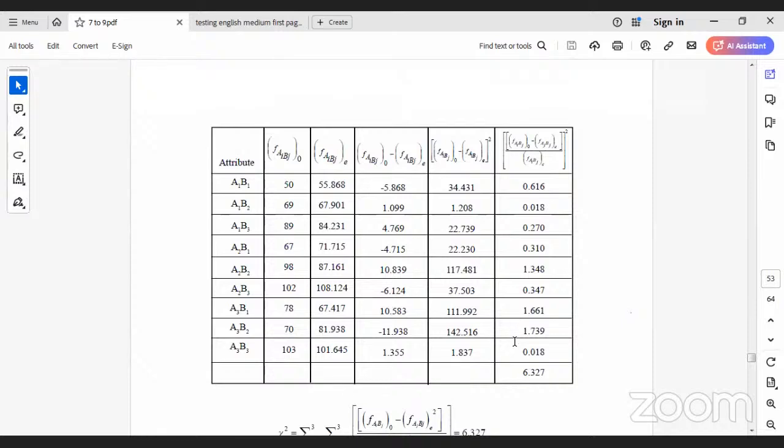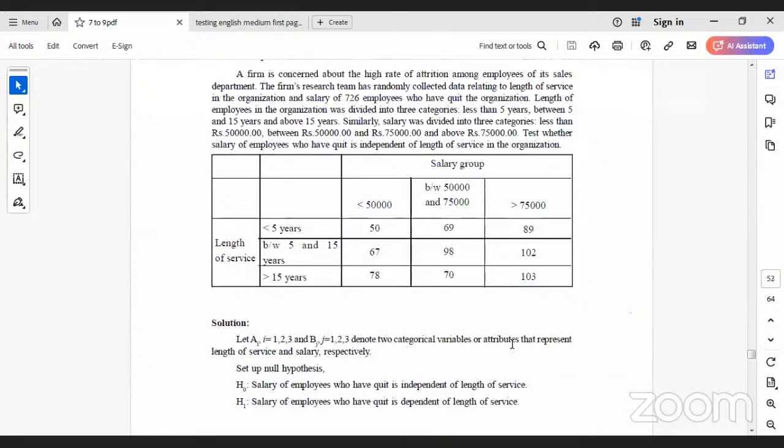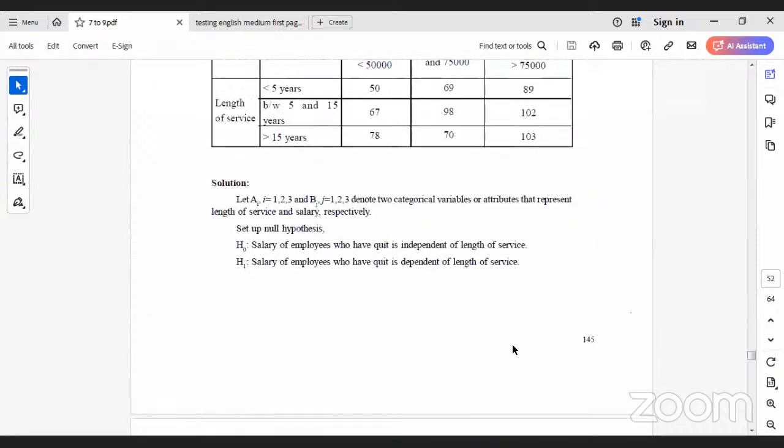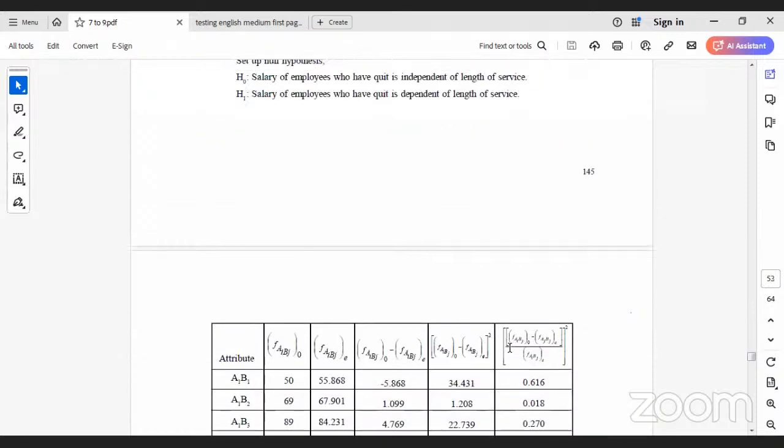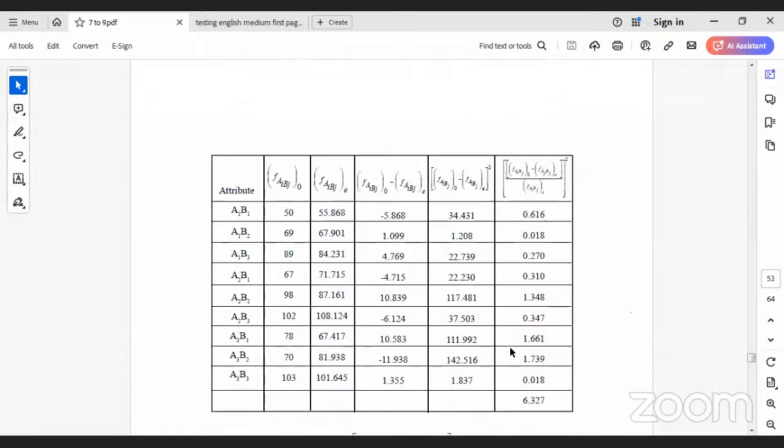So the f of B values we are writing here: 50, 50, 69, 89, 67, 98, 102, 78, 70, 103, we are writing A1, B2, A3. Here we find the value, that is 55.